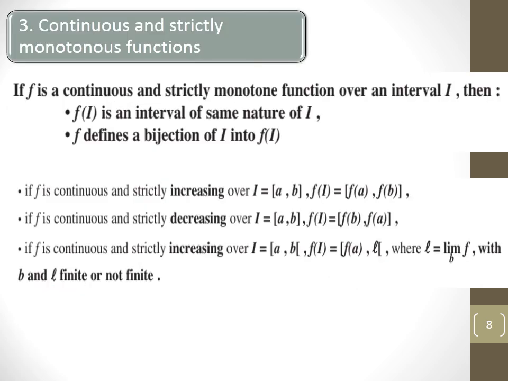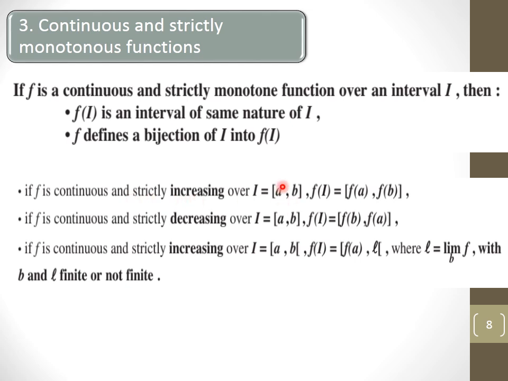Now, just to make a quick generalization. If f is continuous and strictly monotone over an interval I, then it has an image. We say that f of I is the image of the interval, and f defines a bijection of I into f of I. If f is continuous and strictly increasing, and the interval is from a to b, then the image is f of a, f of b.